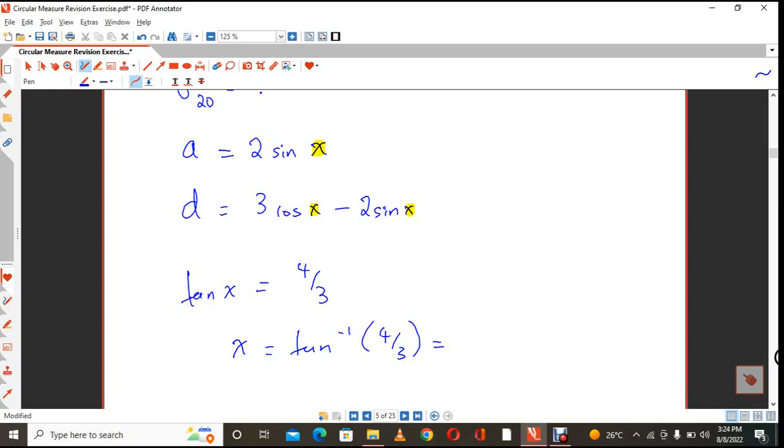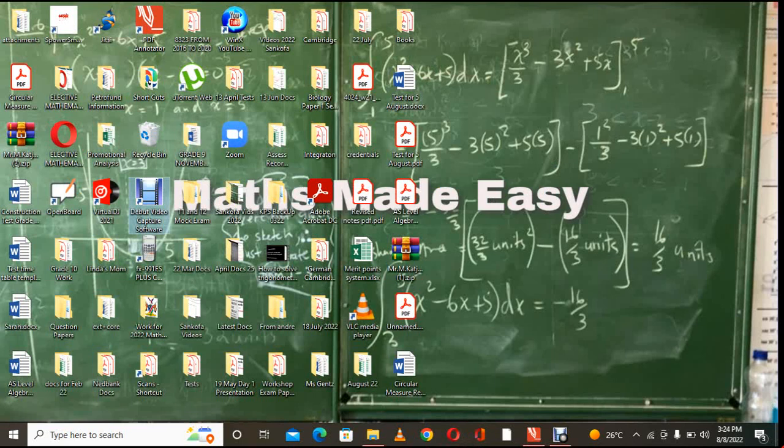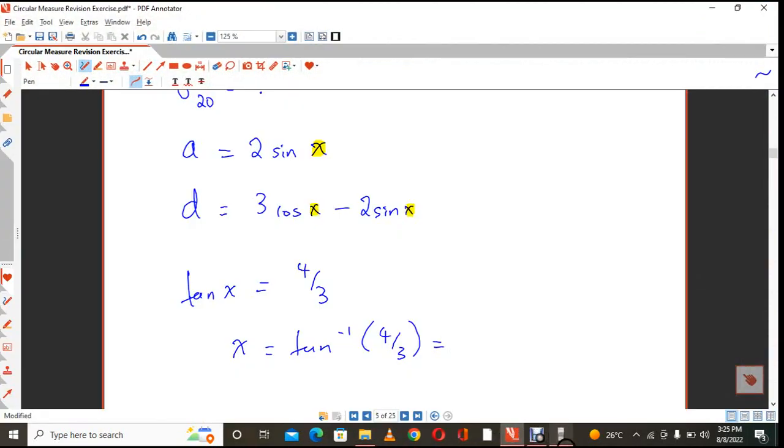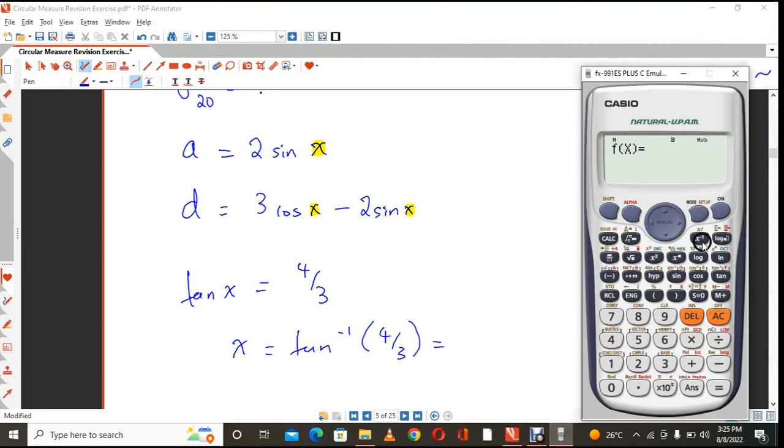What you do from this point onwards is grab your calculator. Take the inverse tangent and make sure that your calculator is in degree mode, and also clear everything that was there before. I like to press shift, then clear with 9, and say yes, clear everything, all clear.